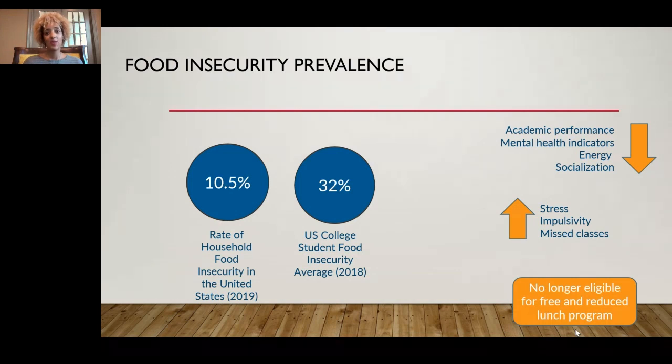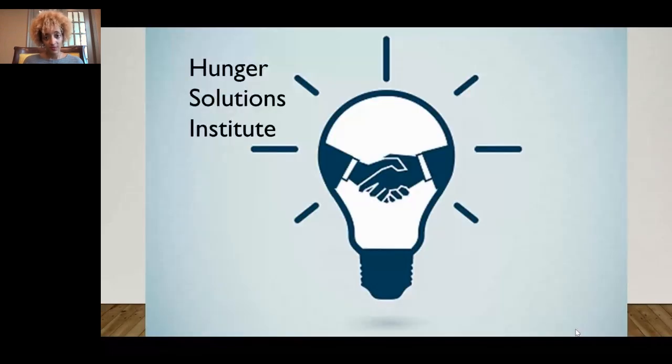So there's no safety net for our college students. And this is where we come in. This is where this 6-step approach comes in so that we can give our college students some support. The Hunger Solutions Institute at Auburn University, along with my department, the Department of Nutritional Sciences, joined forces. We had this bright idea, like, hey, we need to do something about this food insecurity on campuses, and let's start in Alabama.